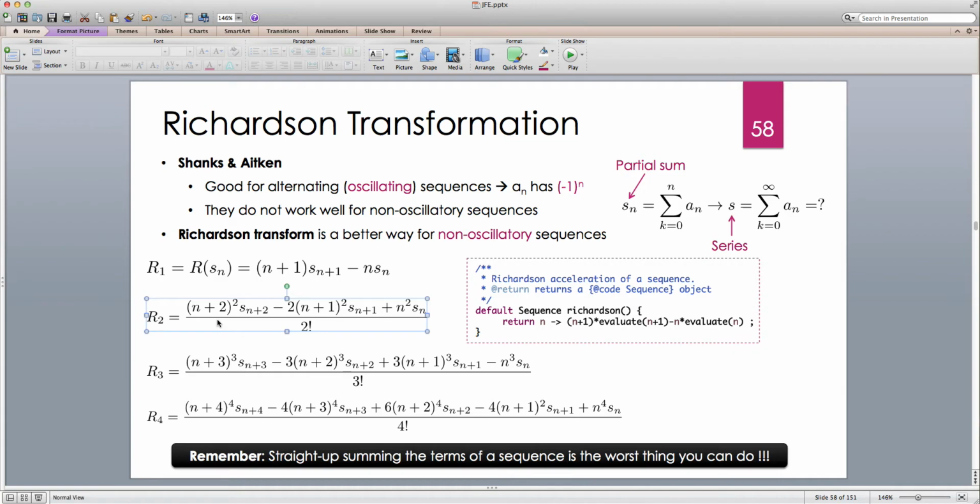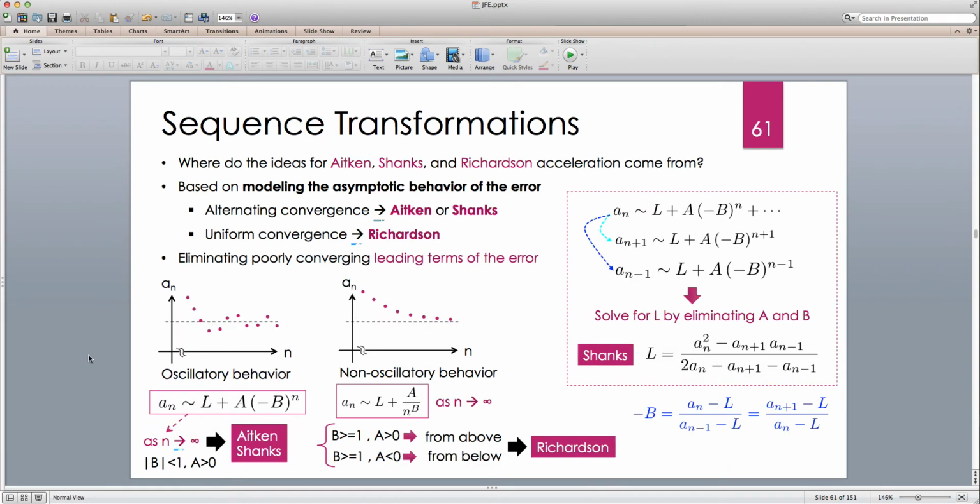If the error also has 1 over n to the b plus 1, we can eliminate the first two leading terms of the error simultaneously by applying a second order Richardson instead of the first order. And if we want to eliminate the three leading terms simultaneously, we use the third order Richardson, etc.